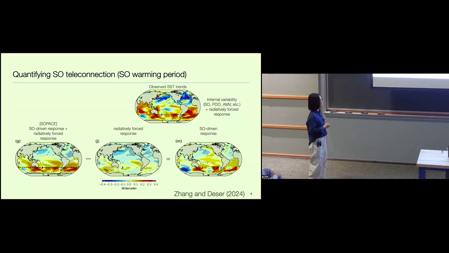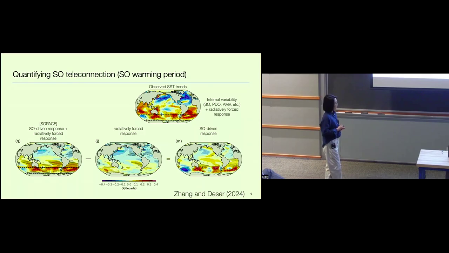So if we subtract that, we get the Southern Ocean driven response, which has a pretty broad warming in the equatorial Pacific. Again, it's not significant because that's just a region with a lot of internal variability. 20 members is not able to beat down that noise here.